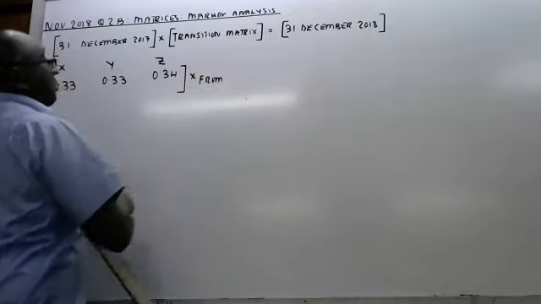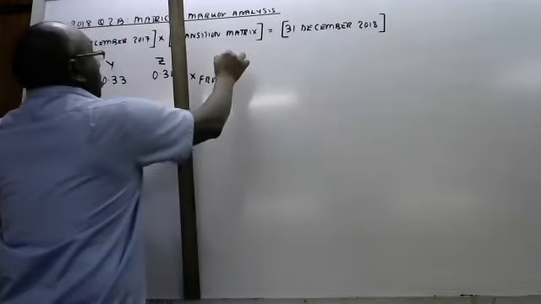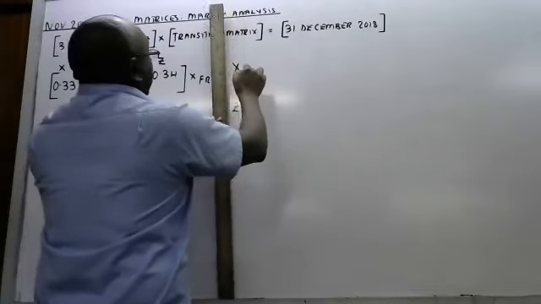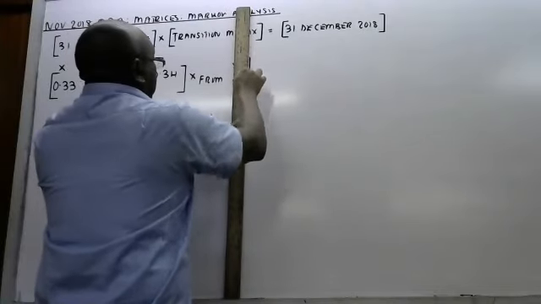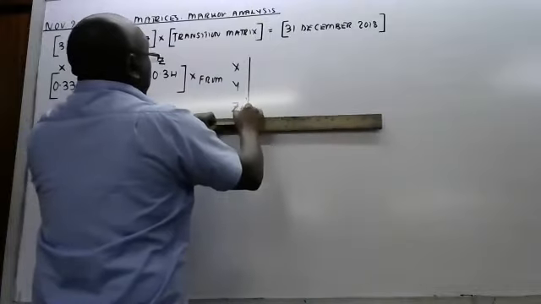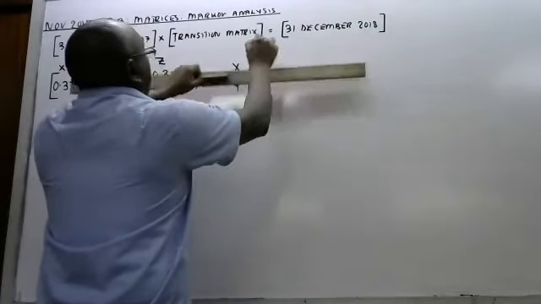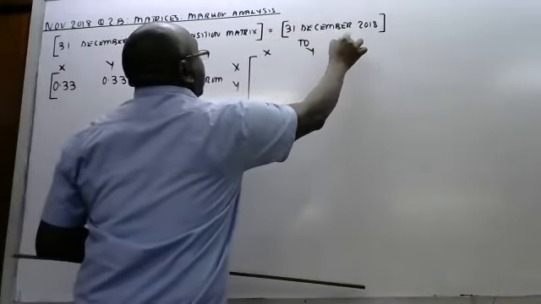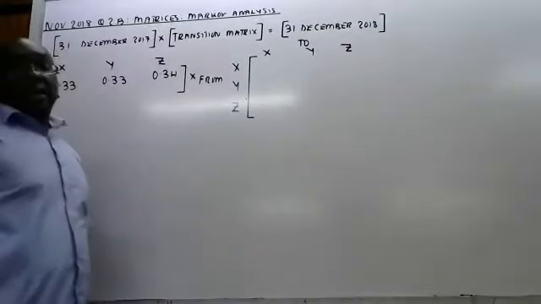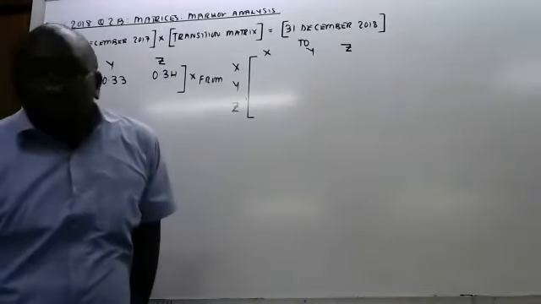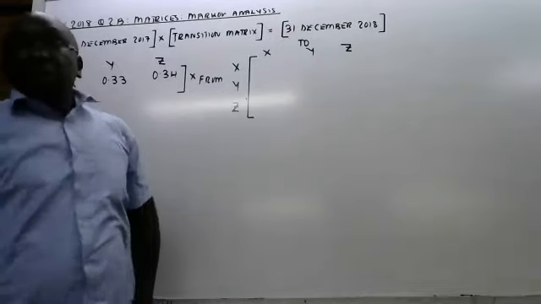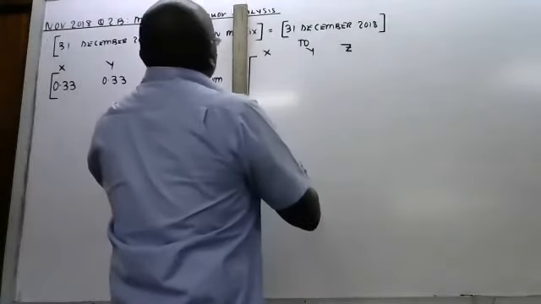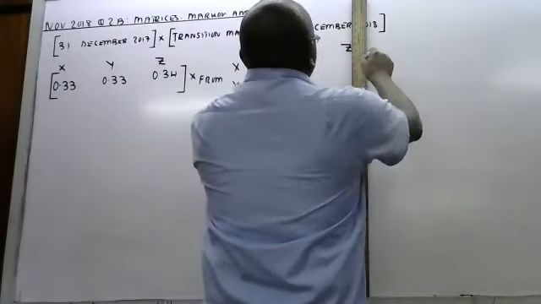Then we have the transition matrix, which says from X, Y, and Z, to X, Y, Z. So let us now read the information as we record.